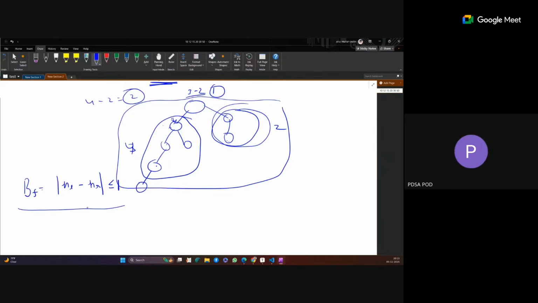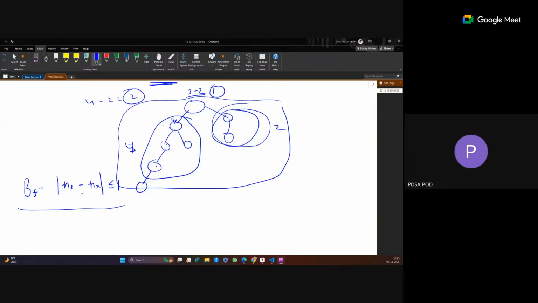So this is the rule for the balance factor. We calculate the balance factor for each node, and it is the absolute difference of the left subtree height and the right subtree height. If that is less than or equal to 1, then this is fine, which means our tree is balanced.